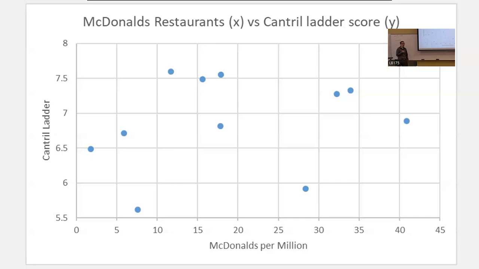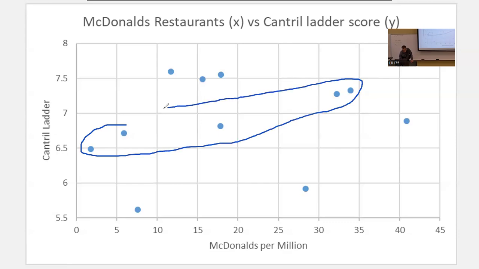If I were somebody who was a very pro-McDonald's person and wanted to make it seem like more McDonald's restaurants are going to make people happier, well, what I could do is ignore all of the data except for these 5 data points, right?